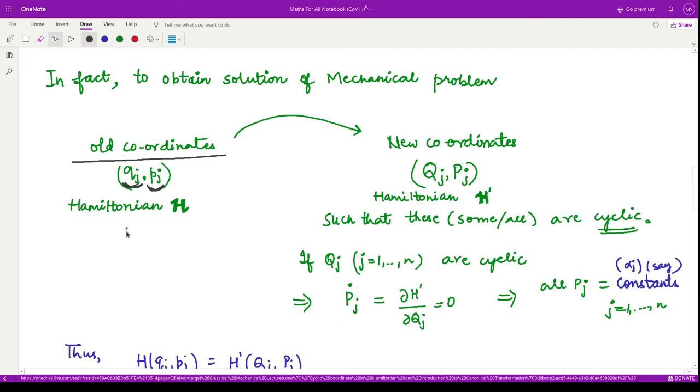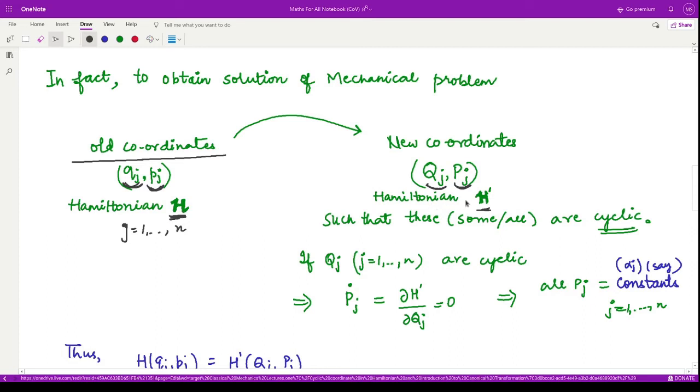These are j varying from 1 to n, so they are n in number each, and the corresponding Hamiltonian is represented by the symbol H. So what we do is shift these old coordinates to new coordinates, where the generalized coordinates change from small qj to capital Qj, the generalized momenta change from small pj to capital Pj, and the Hamiltonian changes from H to H dash, for the sake of notation.